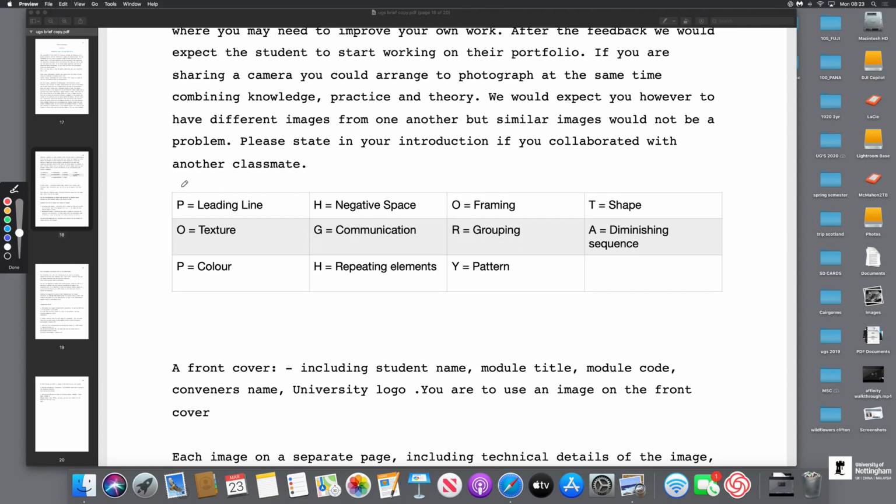I'm happy with that. So if you've got a portfolio with half of the letters and a portfolio without, that's fine. Let's just see what we can get. We've still got plenty of time to work on our photography.